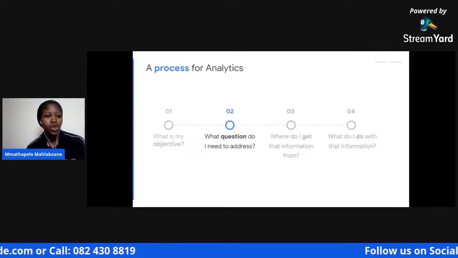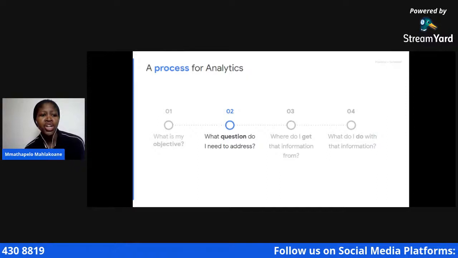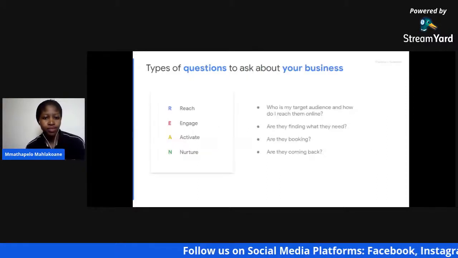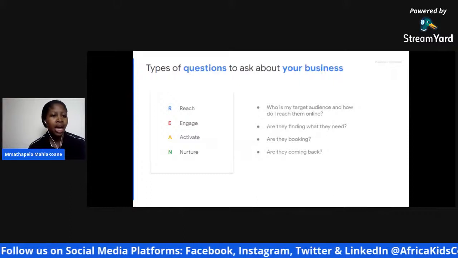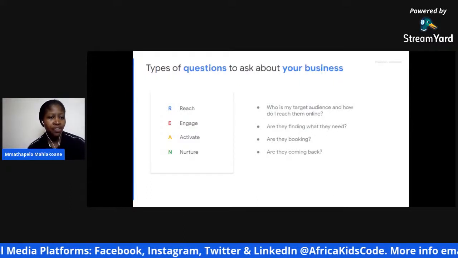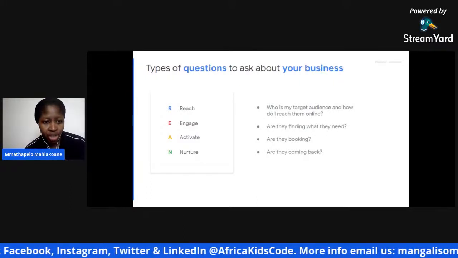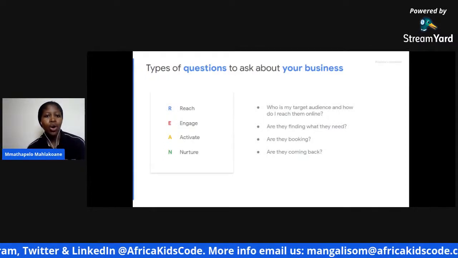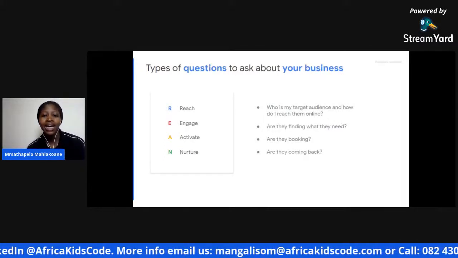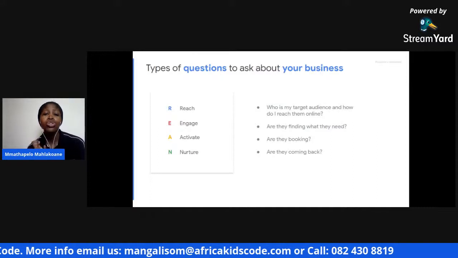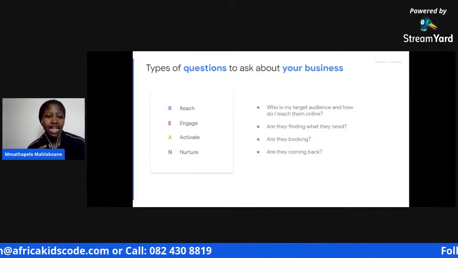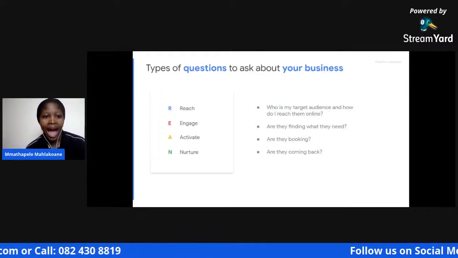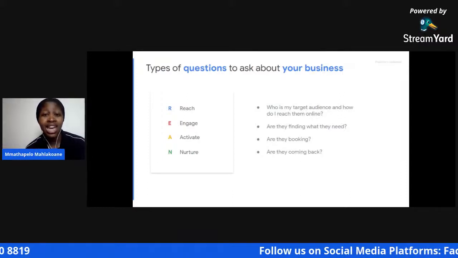So moving to what questions do you need to address? We're going to use this REAN objective, which is reach, meaning who is your target audience and how do you reach them online? E stands for engage. Are they finding what they need?